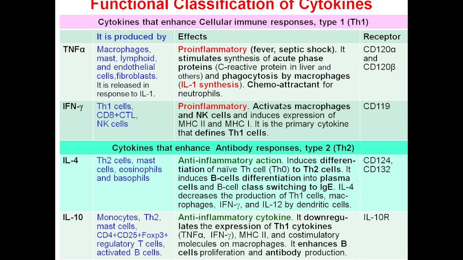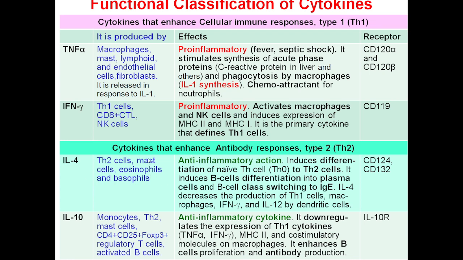Interferon gamma activates macrophages and natural killer cells and induces expression of MHC2 and MHC1 proteins on the surface of cells. It's the primary cytokine that defines T helper type 1 cells. It means this is a primary cytokine stimulating growth or maturation of T helper type 1.